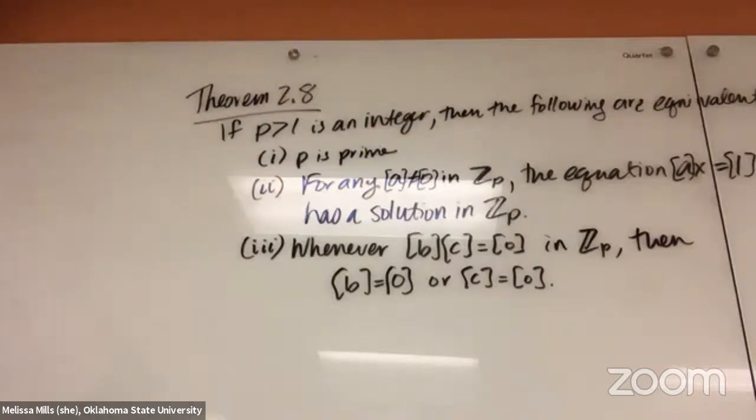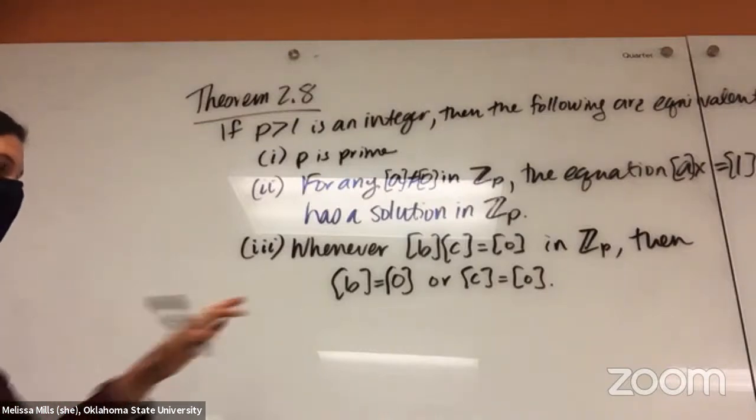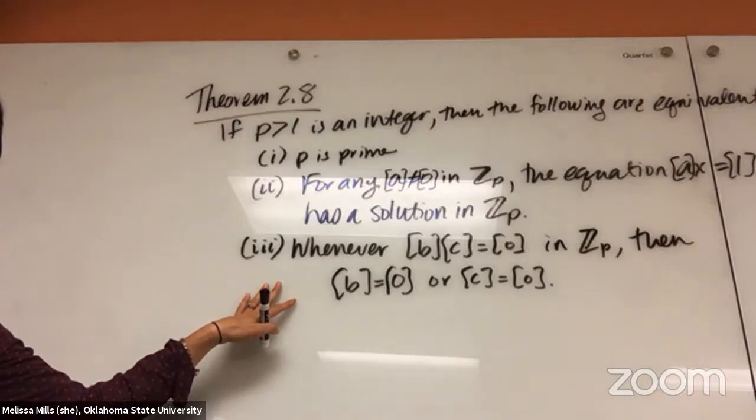If p greater than 1 is an integer, then the following are equivalent. The first thing is p is prime. The second says for any non-zero element a in Z mod p, the equation ax equals 1 has a solution in Z mod p. In other words, any non-zero element has a multiplicative inverse, right? And then this says whenever b times c equals 0 in Z mod p, then b equals 0 or c equals 0. So in other words, it has no zero divisors.